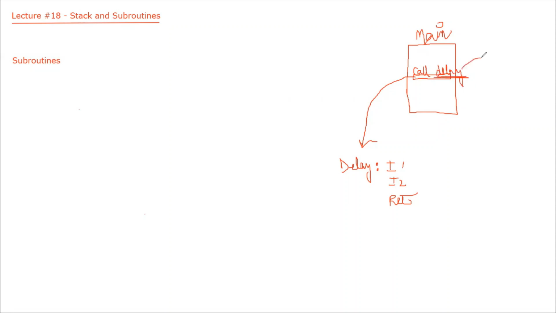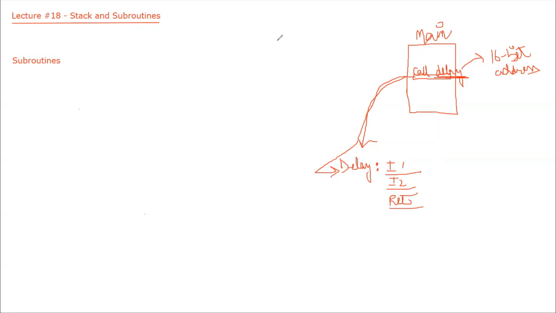Here, delay I am writing in the assembly program as a label. However, internally, this delay is actually a 16-bit address, because it is telling the processor to move from here and go into the memory at this address and start from this particular instruction.